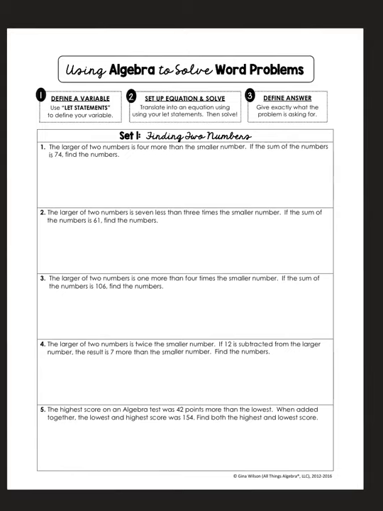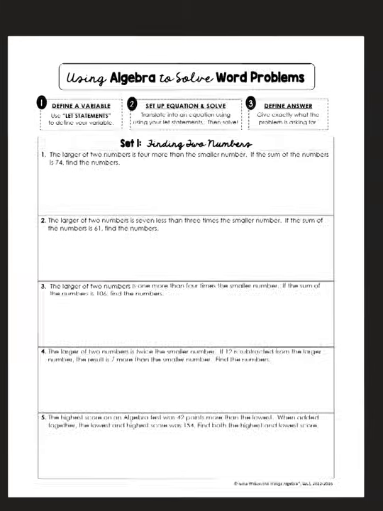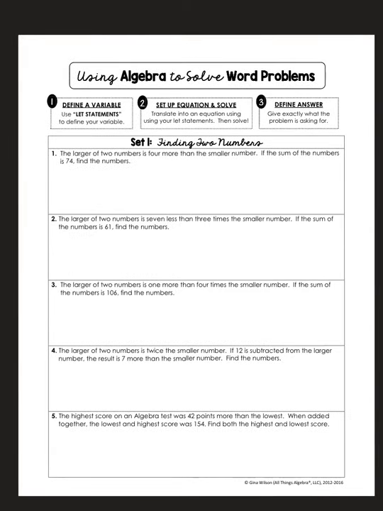The larger of 2 numbers is 4 more than the smaller number. So let's let x equal smaller number. And then let's see, 4 more than the smaller number. So let's let x plus 4 equal the larger number.